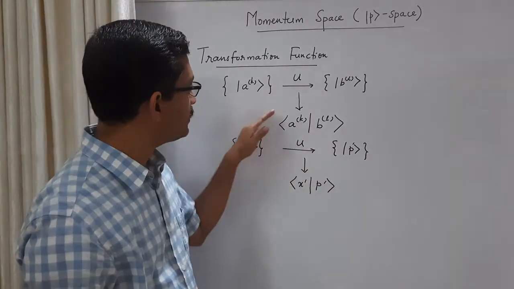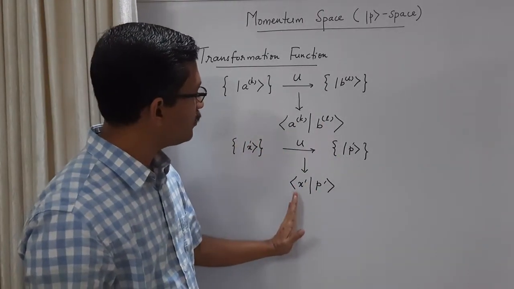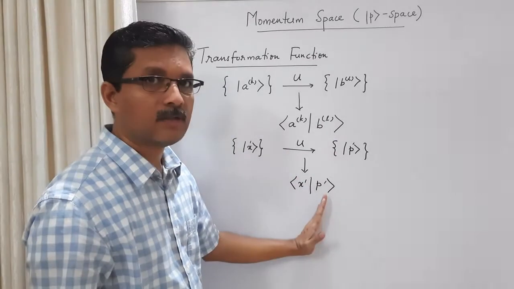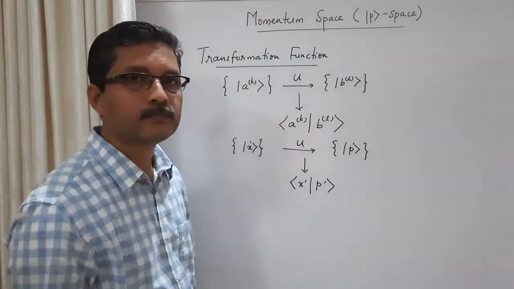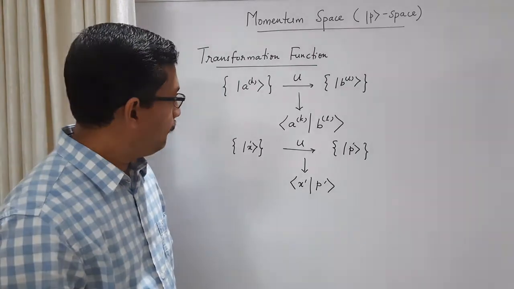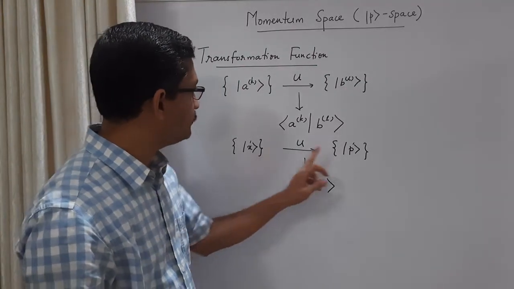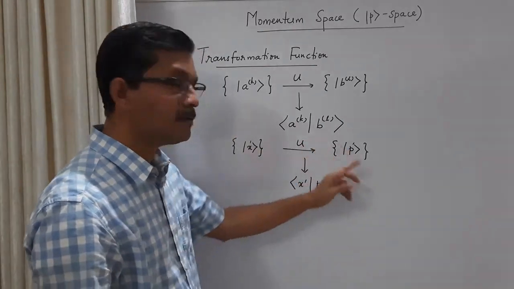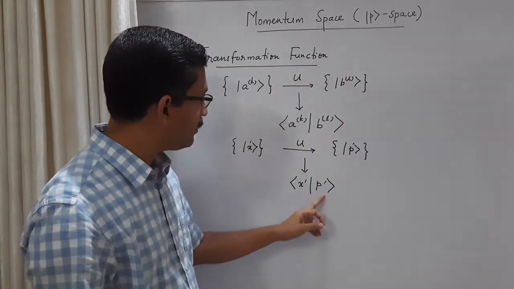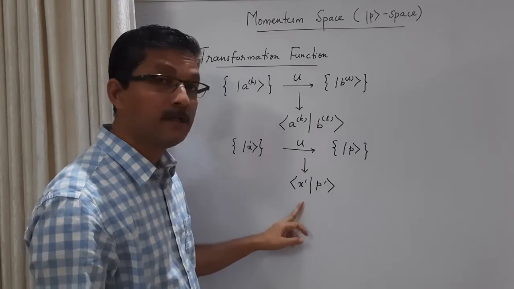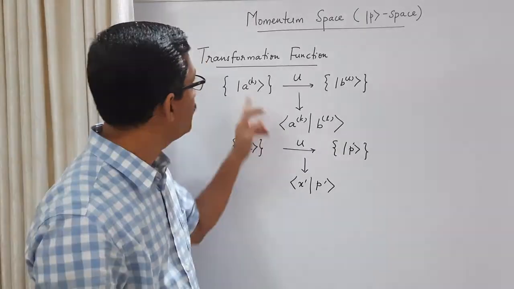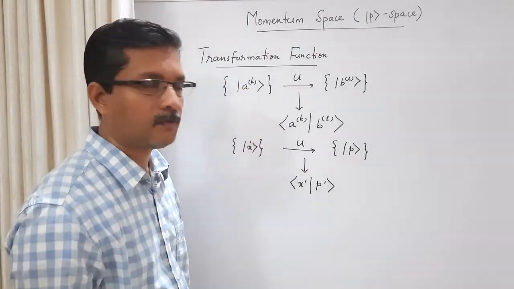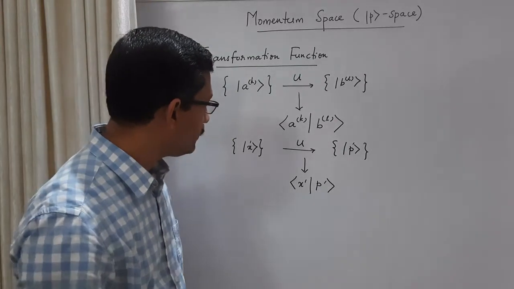Just like this, old base ket on the bra vector side, new base ket on the ket vector side. Since these are continuous base kets, this type of matrix element will be a continuous function, and this is called the transformation function. We will explore it further.